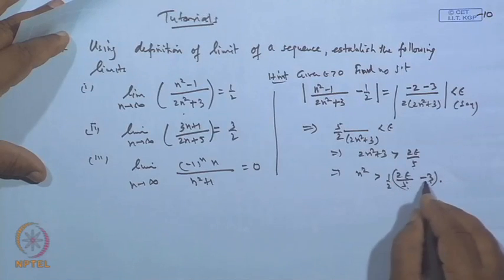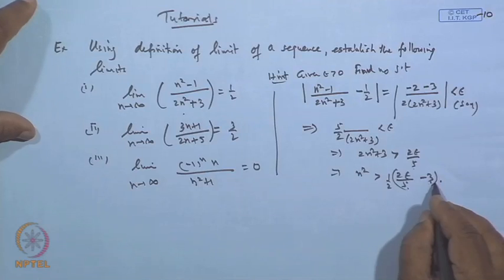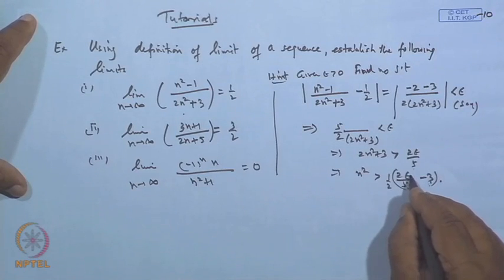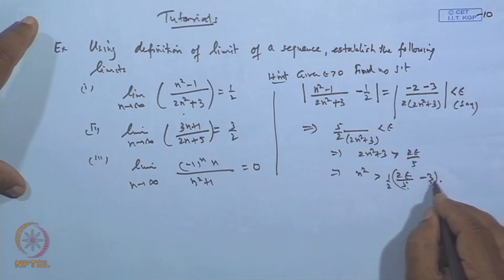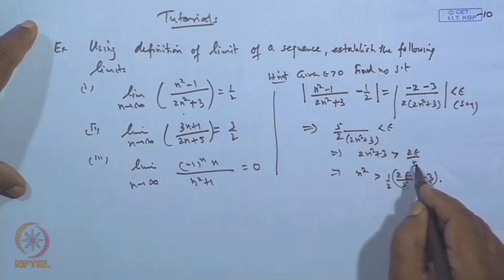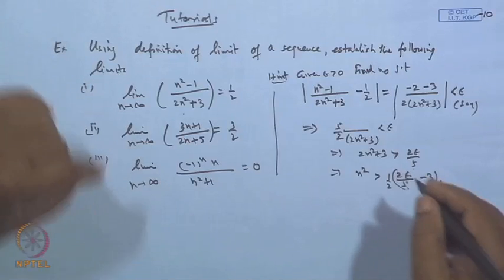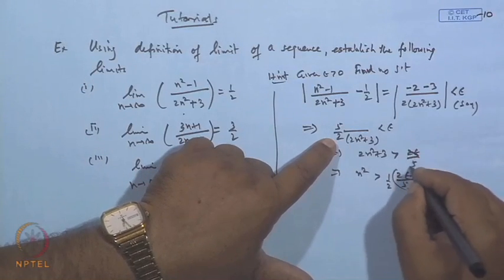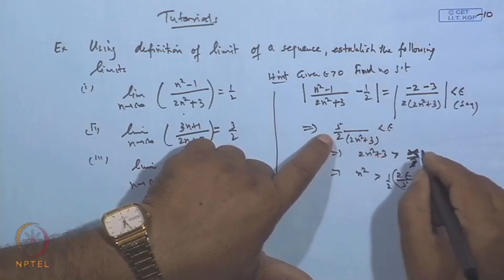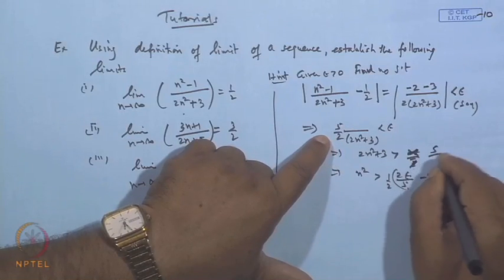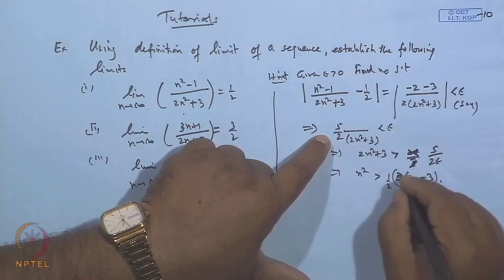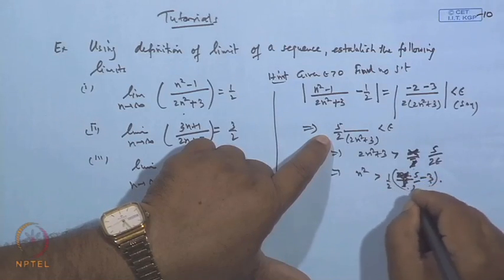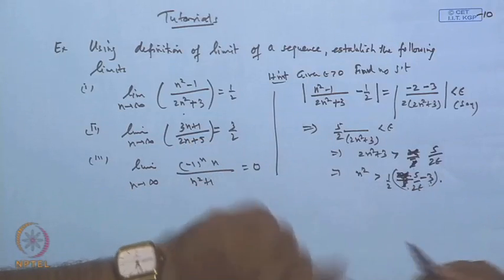That is wrong, I am sorry, that is a mistake. Here the mistake is, when you write it, this becomes 5 by 2 epsilon, yeah, that is the mistake, because otherwise it is negative. So, it will be a problem.